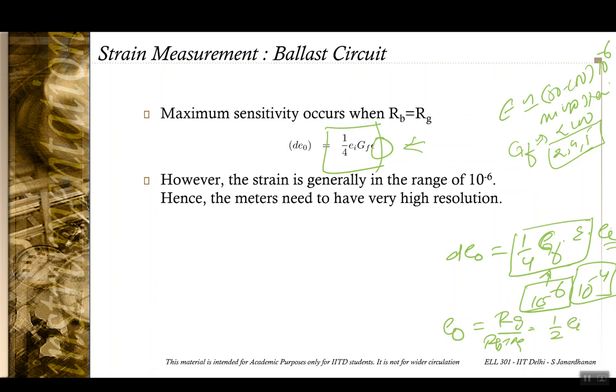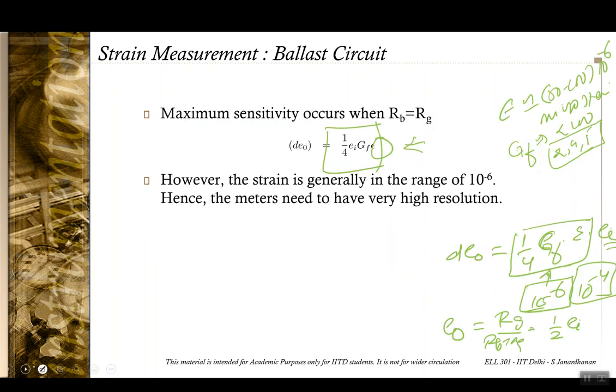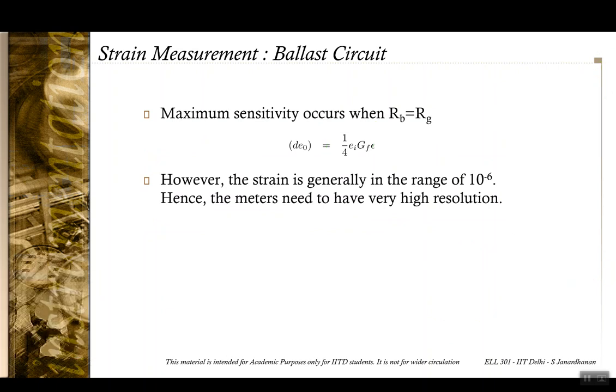And if you see the circuit, what you are measuring is the actual output. So after the strain is applied, what you are measuring is E0 plus dE0. Let us say you have a 10 volt input.